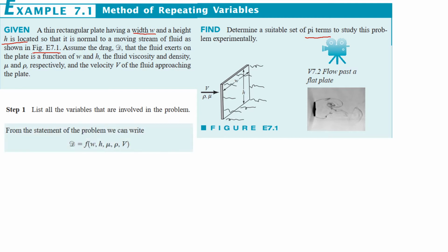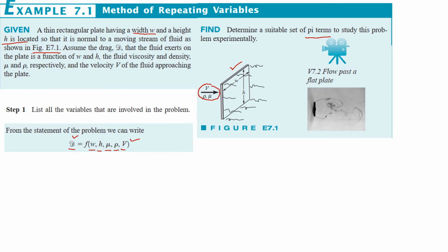The drag force here is the dependent variable, and the width and height are related to the geometry of the plate, and the density, viscosity, and velocity are related to our fluid that is flowing past this plate. So we have 6 variables. One is the dependent variable, and the other 5 are independent variables.